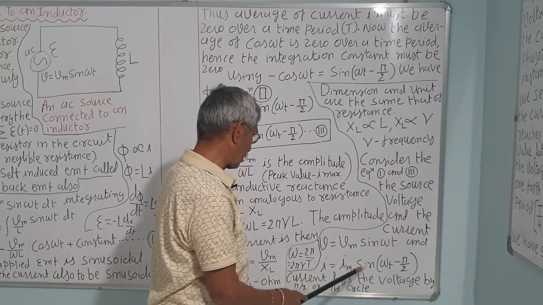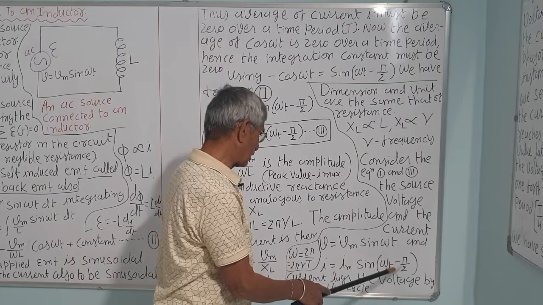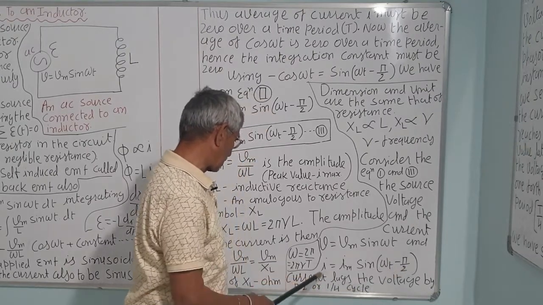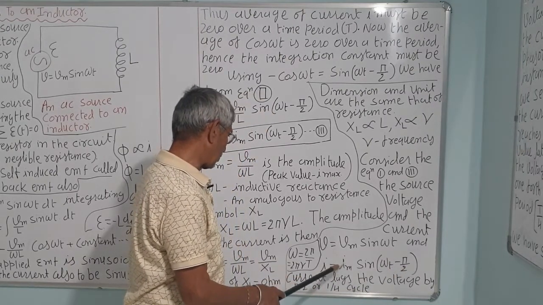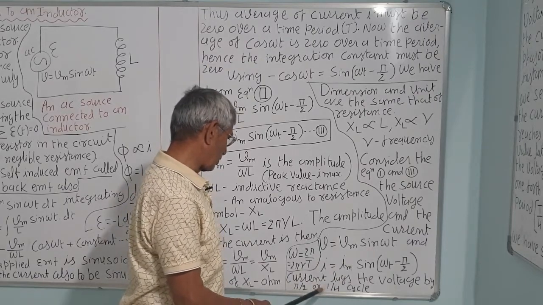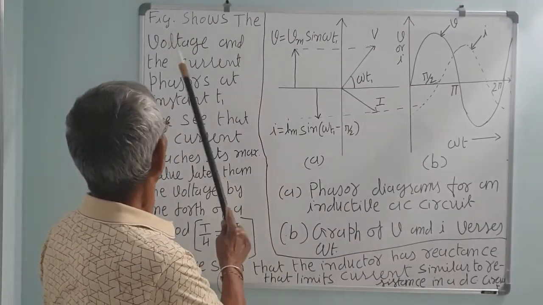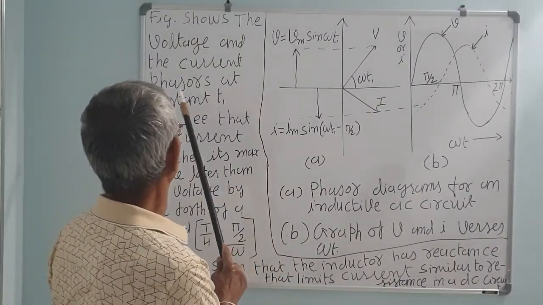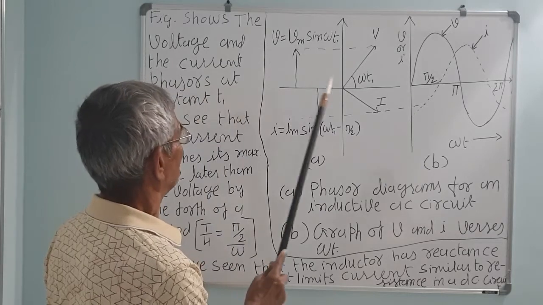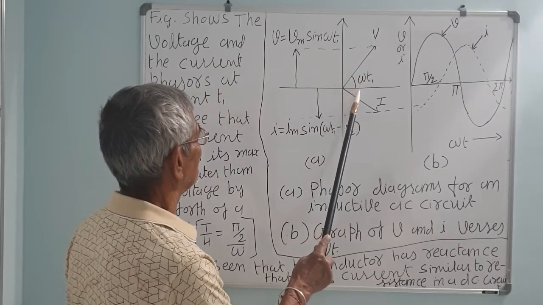Compare these two sine functions. See what is the difference. The phase difference is minus pi by 2, that is, the current is lagging or the voltage is leading by pi by 2 or 1/4 cycle. The figure shows the voltage and the current phasors at instant t1. You can see this angle is 90 degrees.